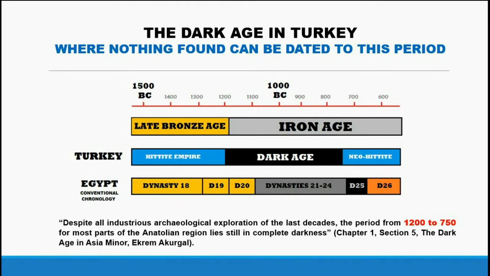Ekrem Erkigal writes the following about the area ruled by the Hittites in today's nation of Turkey. Despite all industrious archaeological exploration of the last decades, the period from 1200 to 750 for most parts of the Anatolian region lies still in complete darkness.